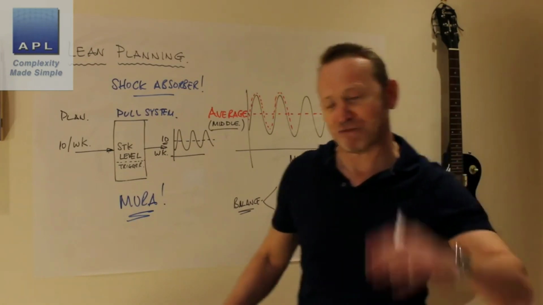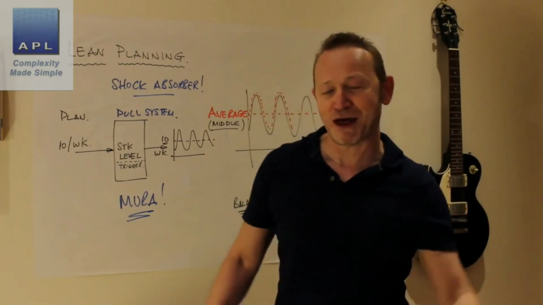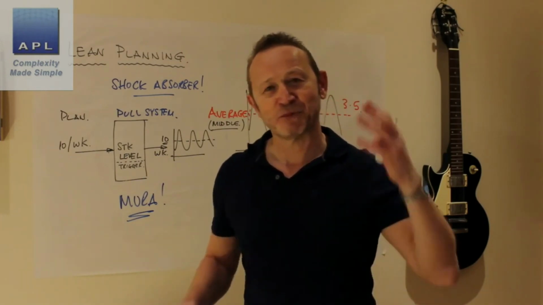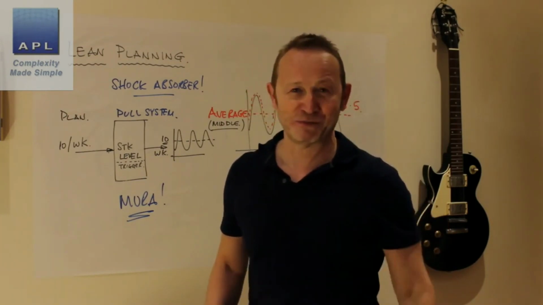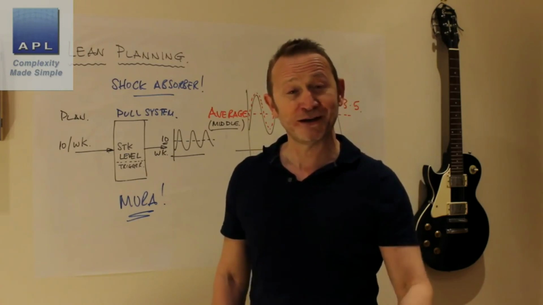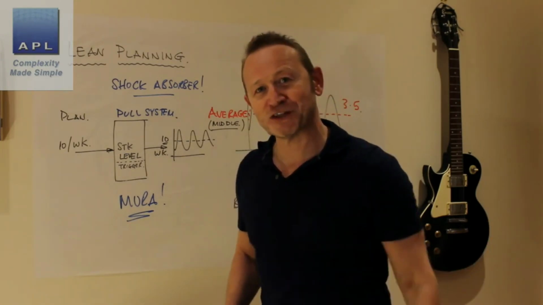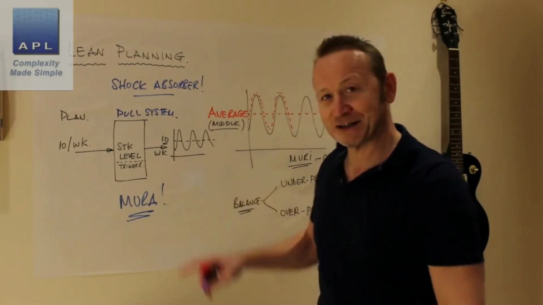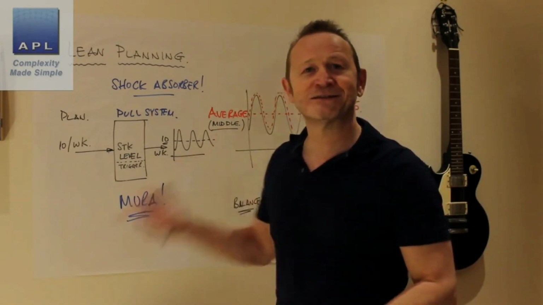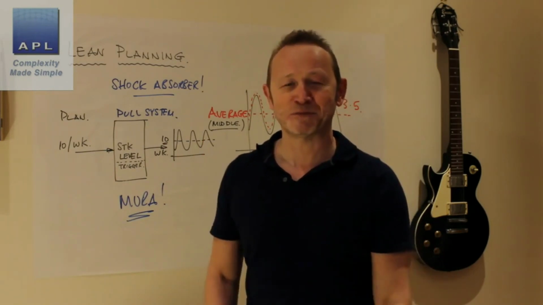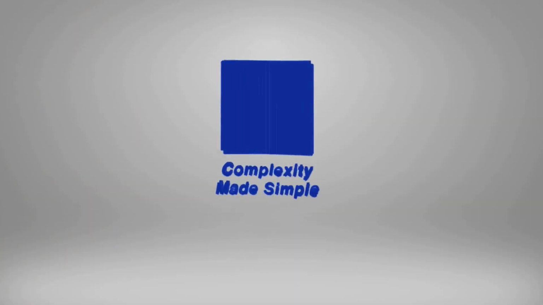Just tune into the average, plan the average, stick it in the plan and make it happen. I know it's too simple, but it's what the best lean companies in the world do, and then they make pots of money. And that's what this is about. Lean planning. Flatten the plan, make it easy to get rid of waste and make money.